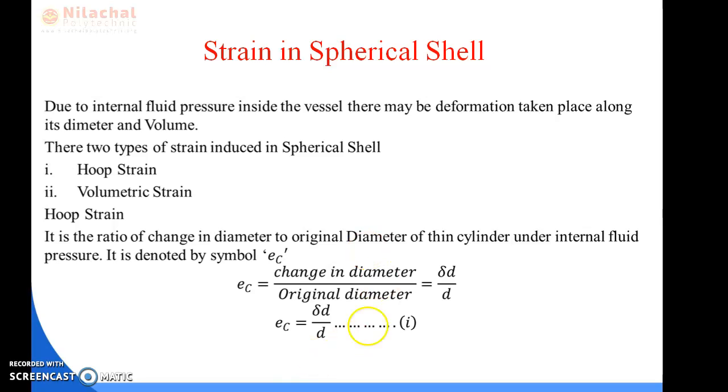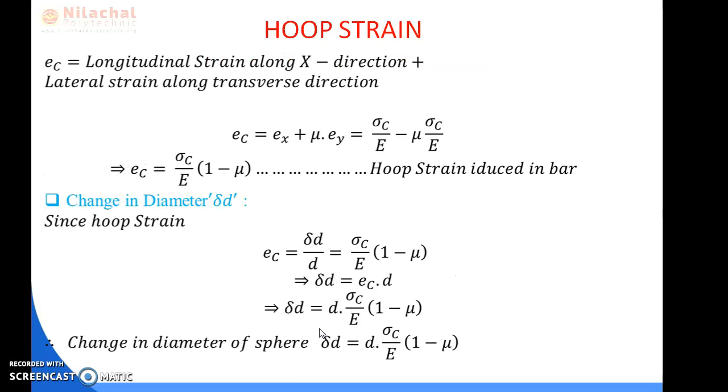It is denoted by symbol EC. EC is equal to change in diameter by original diameter, that is del D by D. Mathematically, circumferential strain is equal to del D by D. Now we have to calculate the circumferential strain.